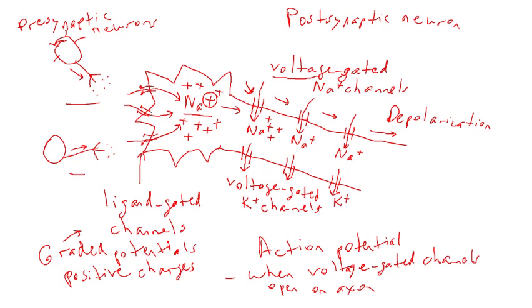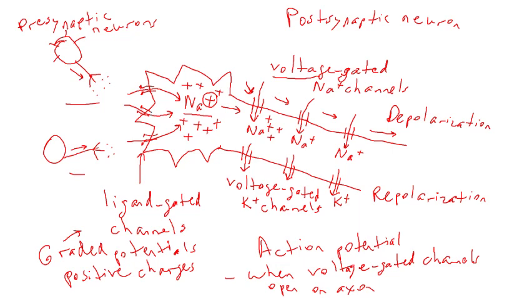Okay, now the potassiums come out, and getting it back to negative, back to normal, this is called repolarization. Okay, so then the action potential goes down to the synaptic knobs, and then the action potential causes the neurotransmitter release from this neuron. Okay, so this is what happens for an action potential to be produced.